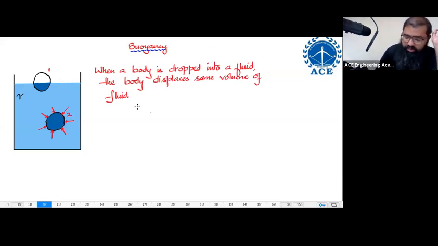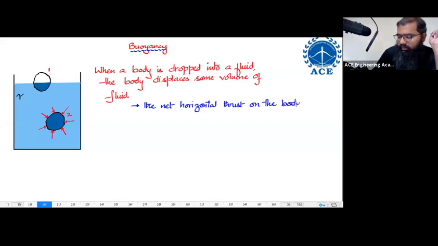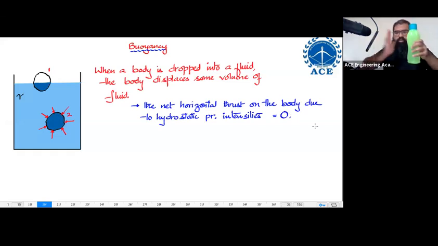Therefore, the first conclusion is that the net horizontal thrust on the body due to hydrostatic pressure intensities is going to become zero.